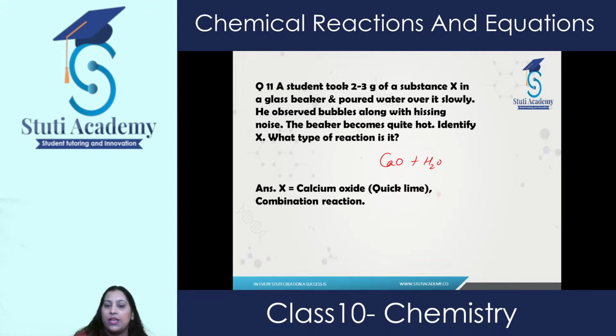CaO plus H2O results in the formation of calcium hydroxide. So when calcium oxide, whose common name is quicklime and chemical name is calcium oxide, reacts with water, it forms slaked lime, and its chemical name is calcium hydroxide.